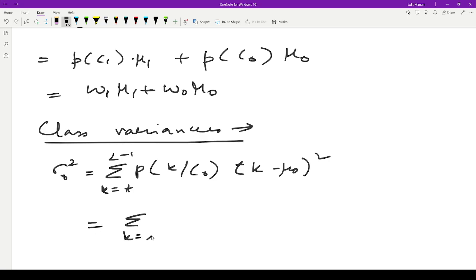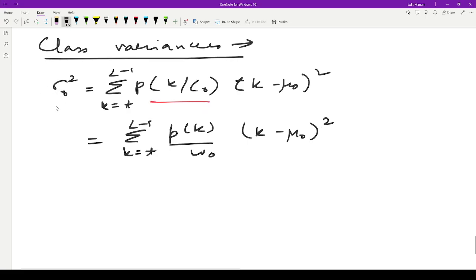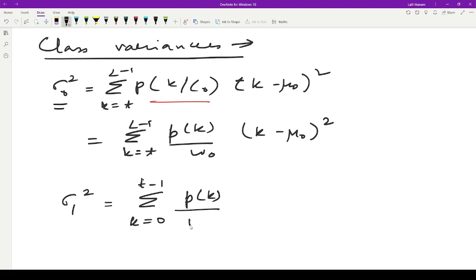We simplified this expression earlier to be pk upon w naught into k minus mu naught whole square. This is the class variance for class 0, and we'll similarly write it for class 1: summation from 0 to t minus 1 of pk upon w1 into k minus mu1 whole square.